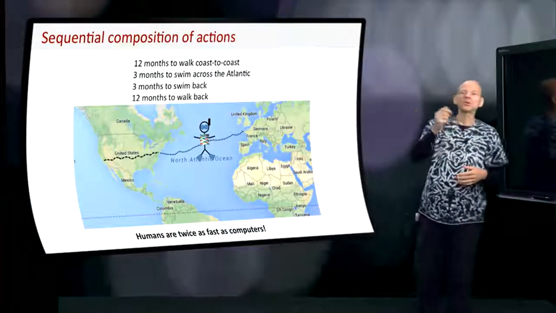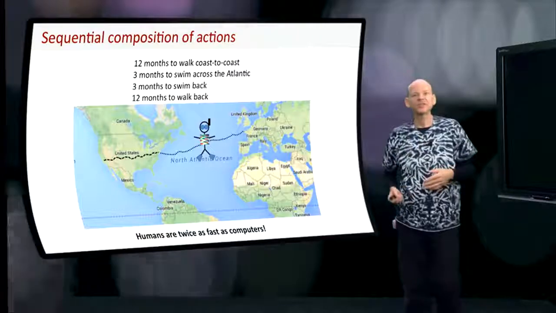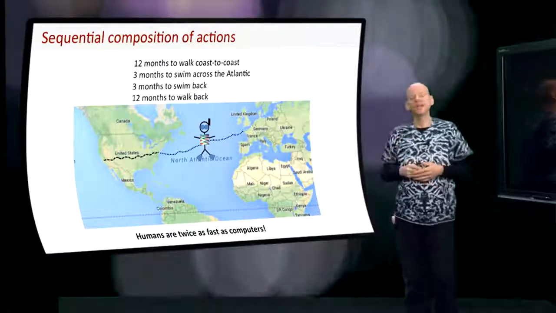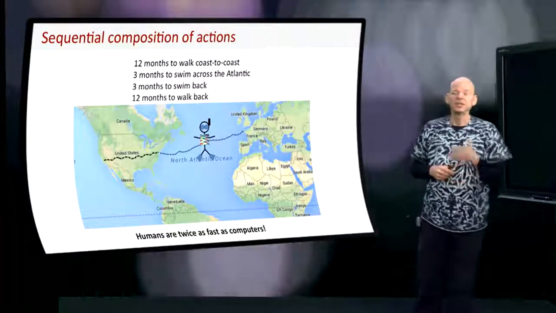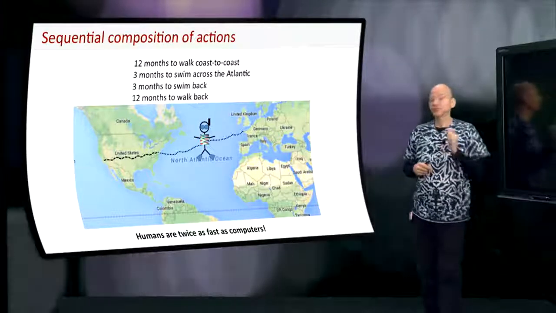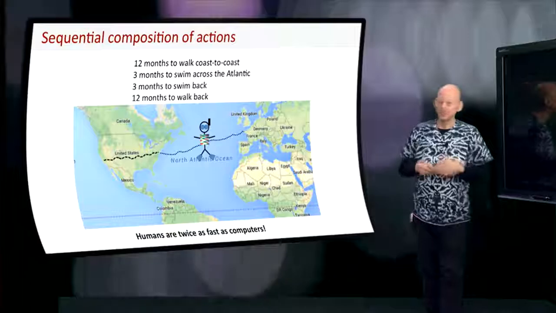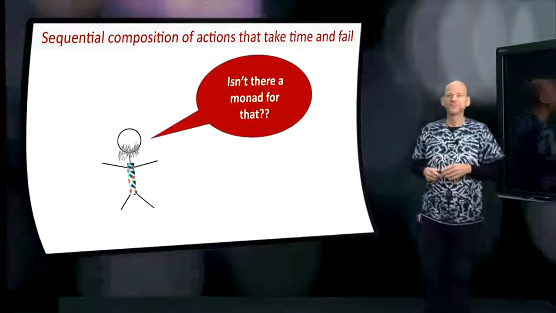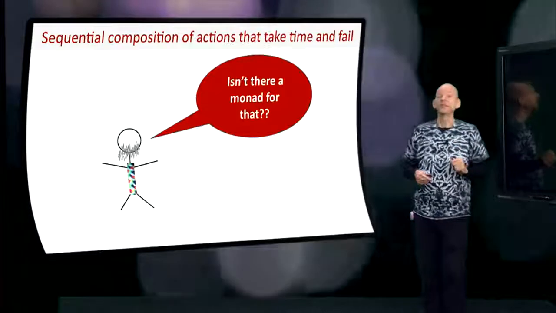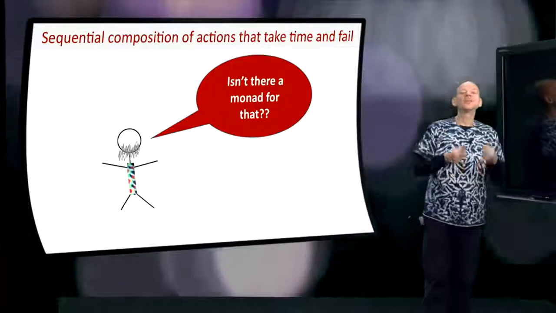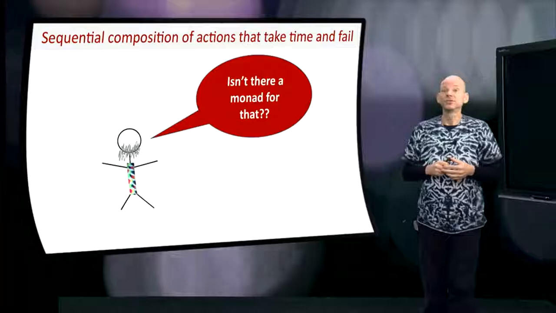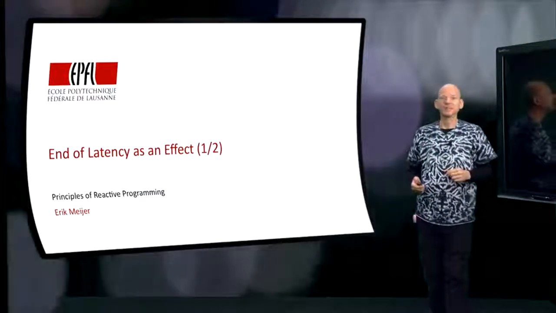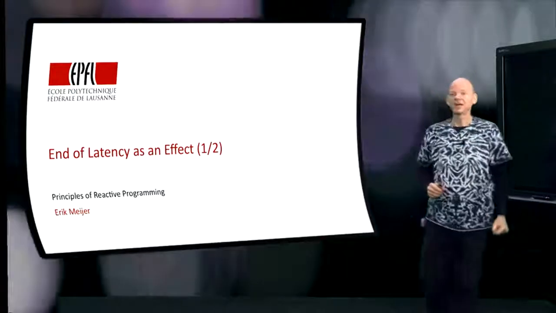And if you want to walk across the continental US, that takes about 12 months. So if you can make the same journey that that packet makes, it means that humans are still twice as fast as computers. So I wouldn't worry too much about the machines taking over. All right? But here's the question. Is there a monad that we can use to express the fact that computations take time? Well, after the break.